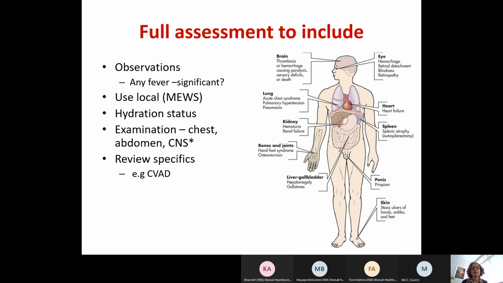And then there are other patients who would have an indwelling central venous access device, such as a Vortex port or a Portacath. Very rarely, some patients may have lines, and leg ulcers as well could be potential sources for infection if a patient isn't well.